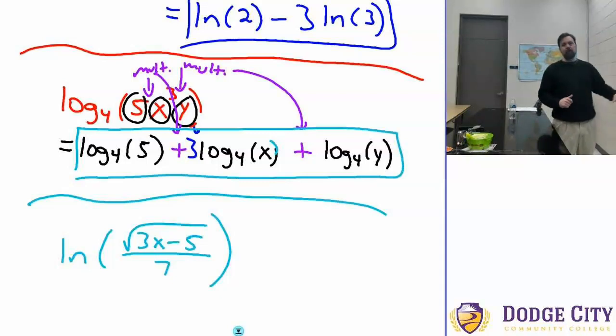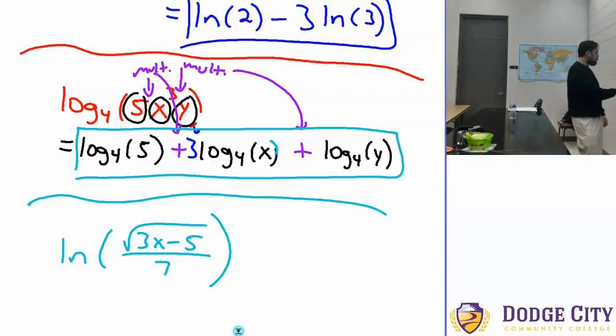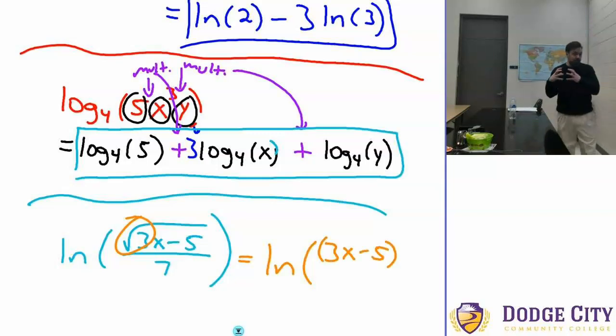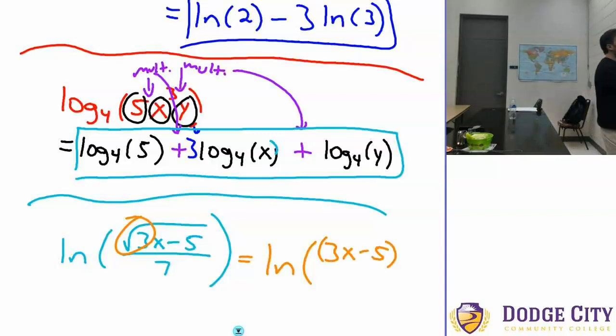You want to rewrite those radicals in exponential form, and then as an exponent, you can use that power rule to bring it outside the logarithm. So the first thing I would recommend doing here is rewriting that square root as a 1/2 power. I'm going to put parentheses around the 3x minus 5, because that's what was in the square root originally, and I'm rewriting the square root as a 1/2 power.